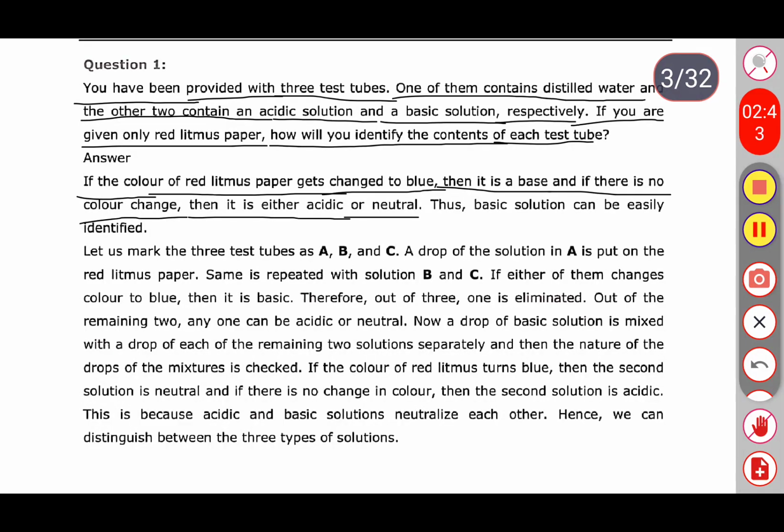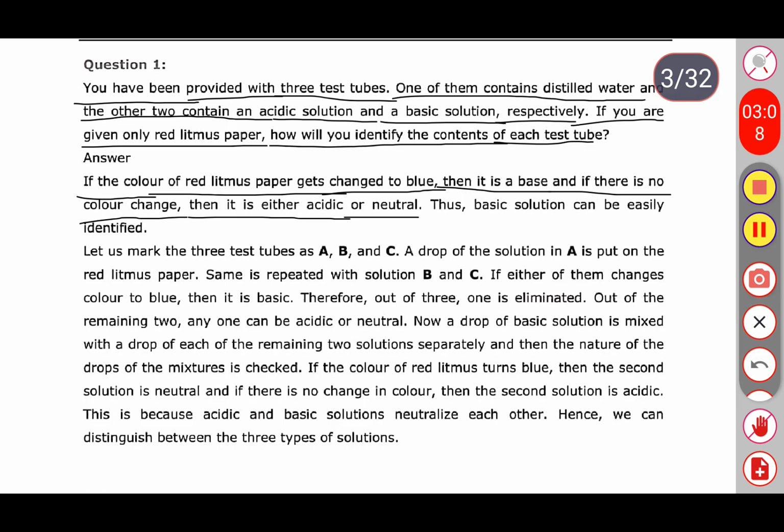So in the acids, the litmus paper always turns from blue color to red color, whereas in base solutions the litmus paper turns from red color to blue color. So if the color of the red litmus paper changes to blue, then it is base.